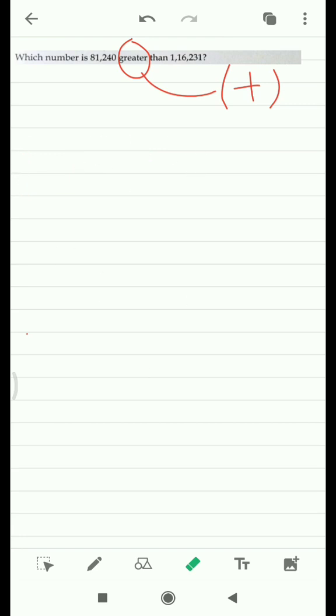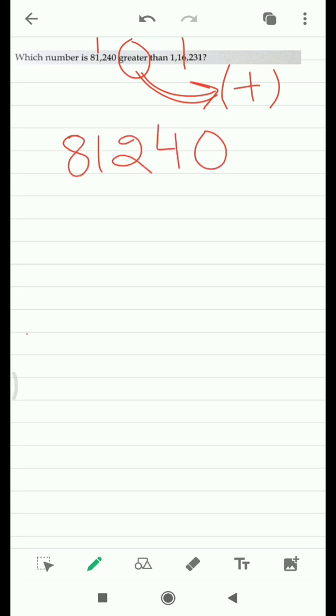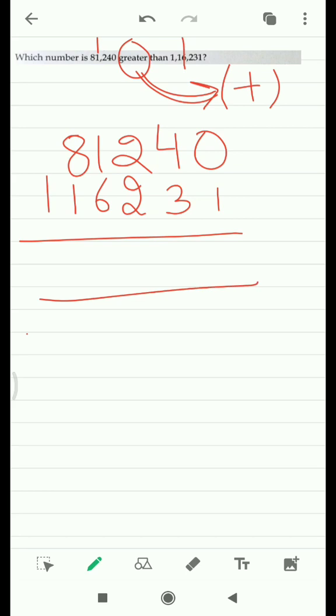So here, since it is greater, it signifies we have to add. Now which two numbers are to be added? These two numbers, and they become your addends. So let's just add them. Let's see what it comes out to be. 74791.